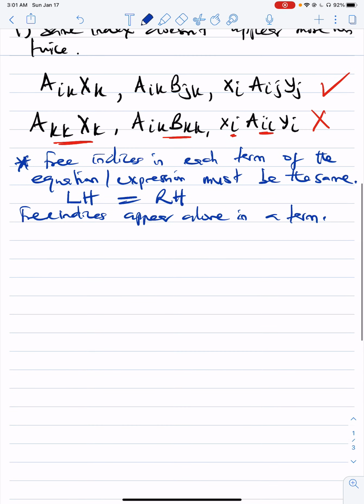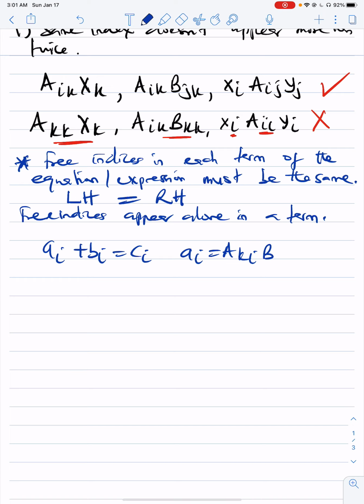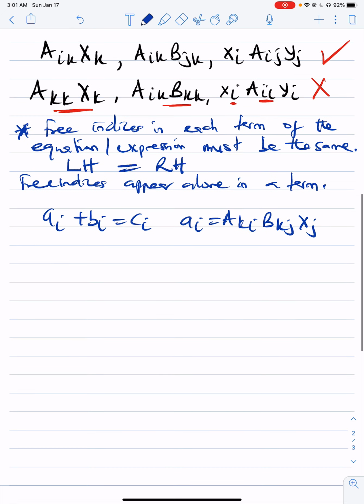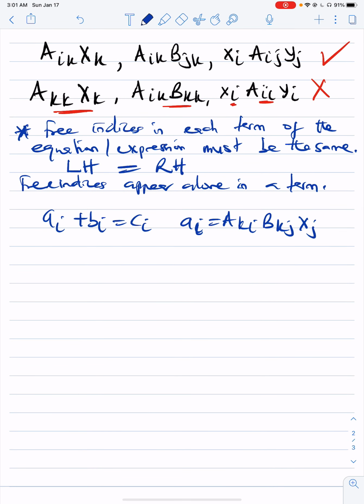So for instance, if you look at A_i plus B_i equals C_i, this is tenable. If you have A_i equals A_ik B_kj x_j, if you look at this very closely, you have an i here.